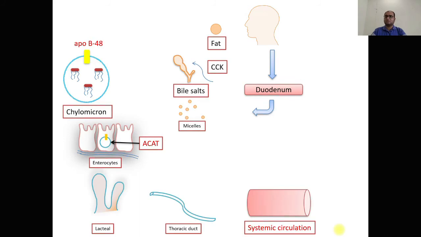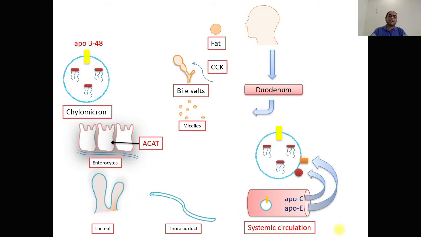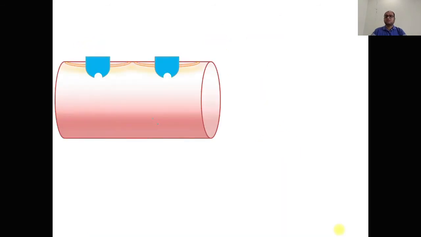Now this nascent chylomicron will go through the lymphatic system, lacteals as well as the thoracic duct, and enter the systemic circulation. Then ApoC and ApoE coming from the HDL will attach to the chylomicrons. Now these chylomicrons will circulate around in the body.